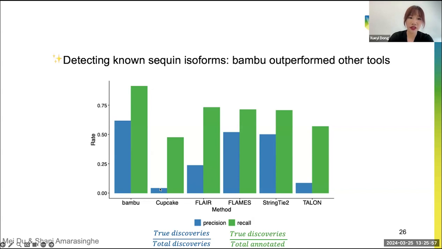In this analysis, we found out that Bambu has the highest precision and recall. Well, in this analysis, FLAMES and StringTie2 are also performing well because they have a relatively high precision and recall. But we found out in this analysis, Cupcake and TALON showed quite low precision.